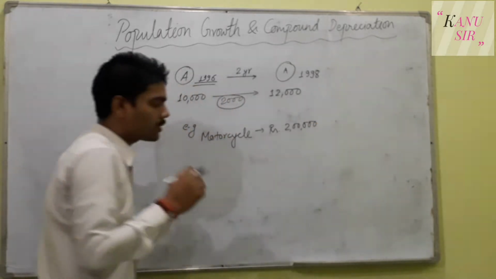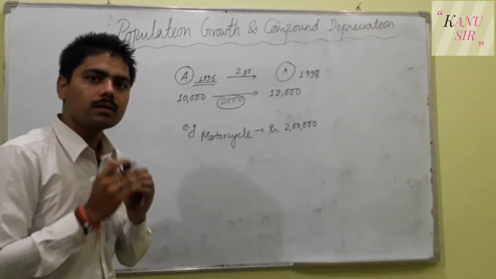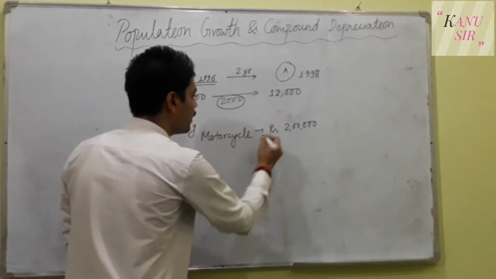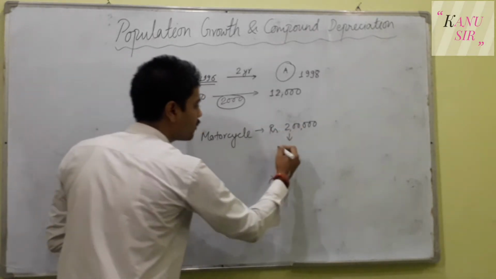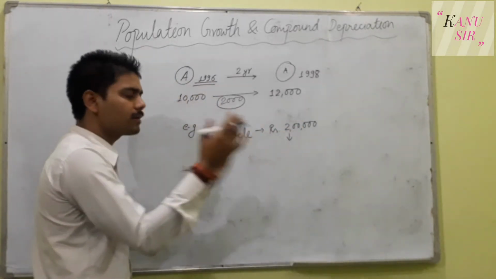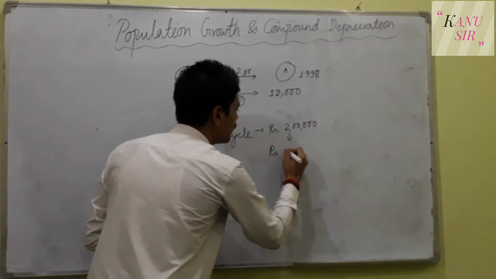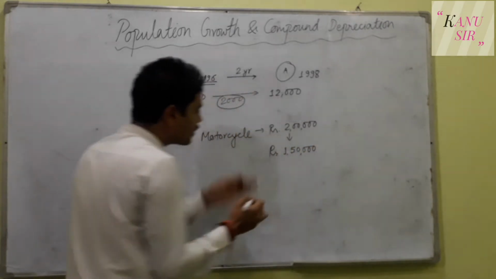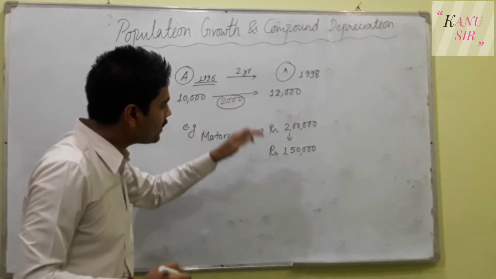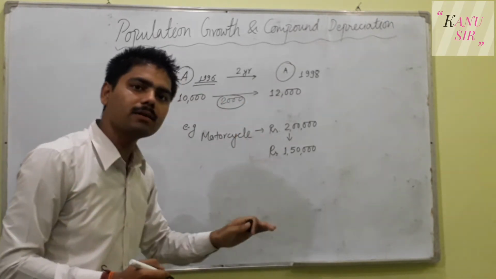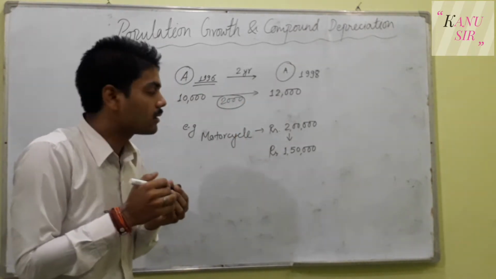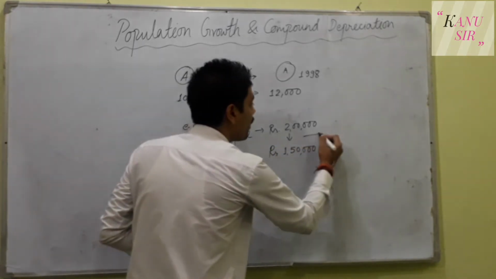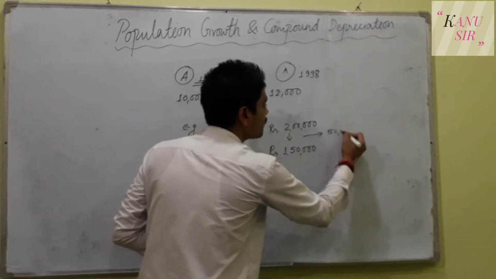After a certain period of time, the value of the motorcycle will be devalued and decrease. Let us take it has decreased to 1,50,000. There will always be a decrease in the value of items if you utilize them, and the decrease here is 50,000.